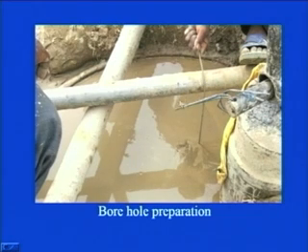Then, with the help of a pipe, this bentonite slurry is filled into this, and there is another pipe which takes out this particular slurry. Once this slurry has come in contact with the soil lying at the wall of this borehole and it gets stiffened, the wall of the borehole gets stabilized.